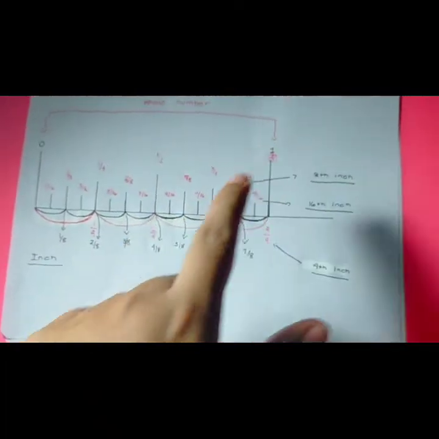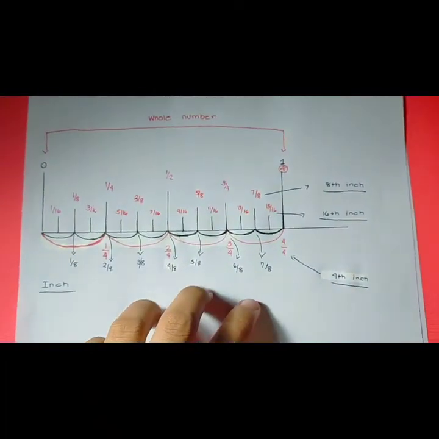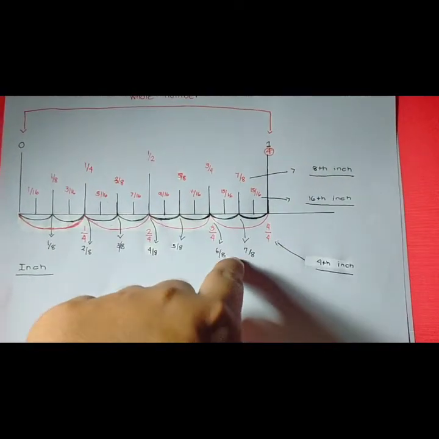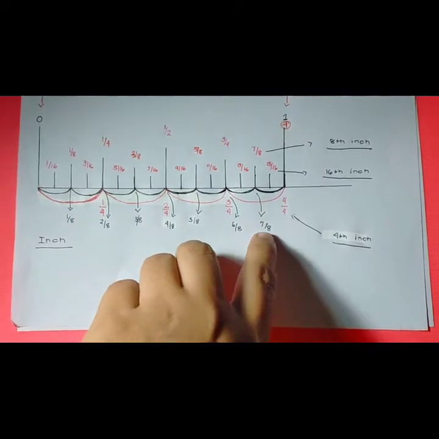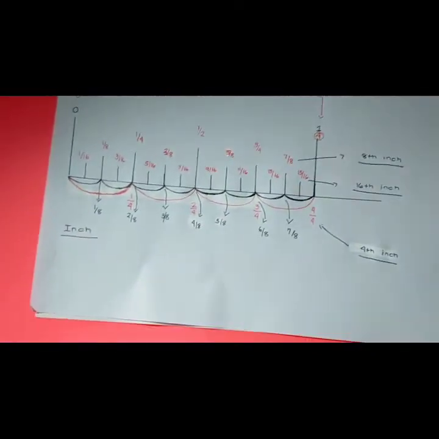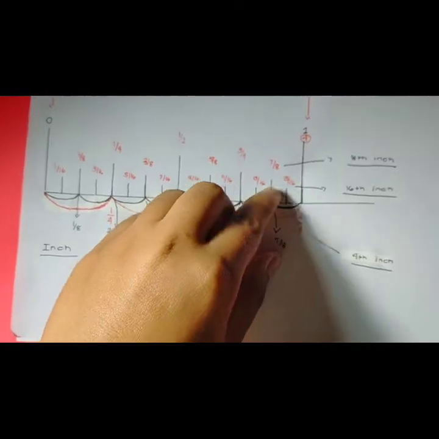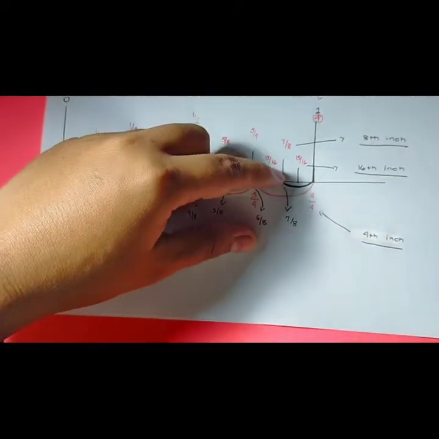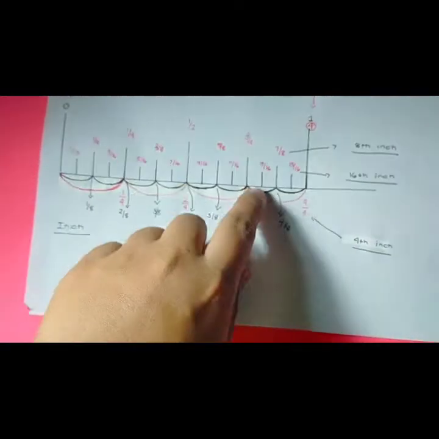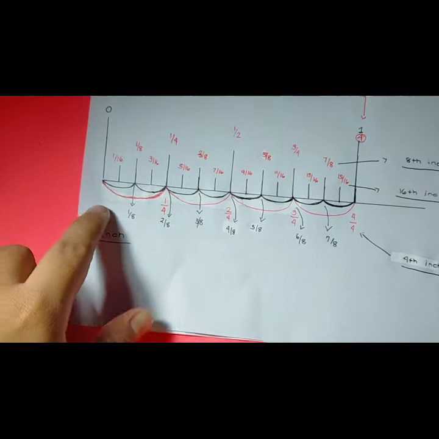or it is equivalent to the whole number, right? So now let's go to the 8th inch, which is here. This is the 8th inch. So as you can see, there's numbers. This is what we call the 8th inch, which is the second long line, right? So let's start with this one first.